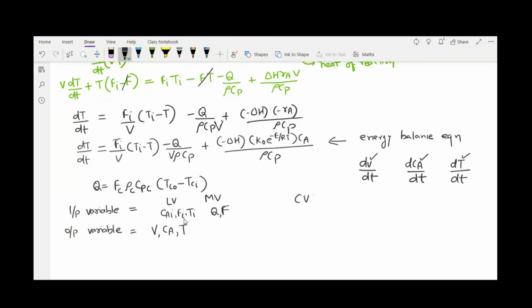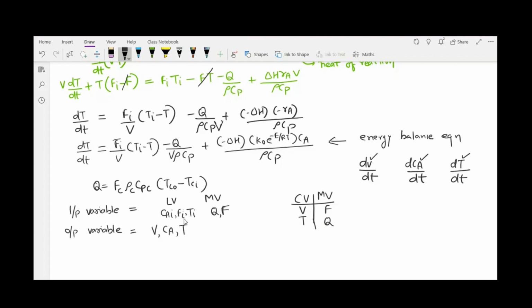In this case, we can see the controlled variable and manipulated variable pairs. For volume, we will have the outlet flow rate as the manipulated variable, and for temperature, we will have Q, the heat removed by the coolant.